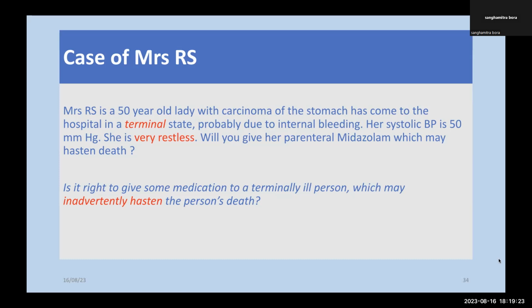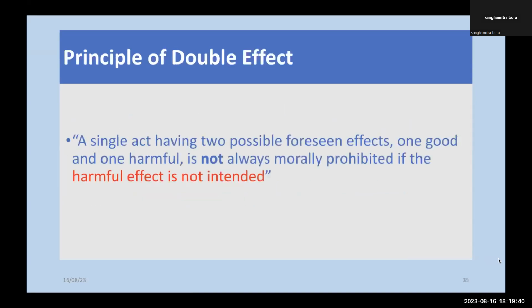Our intention is to take care of the restlessness and not to provide her with death. That is the reason why, when we justify usage of such medications, we follow the principle of double effect. There are many other examples. I think we are losing on time.